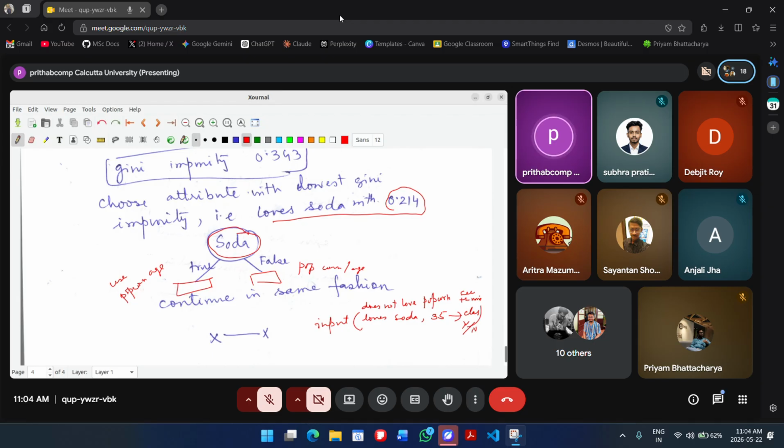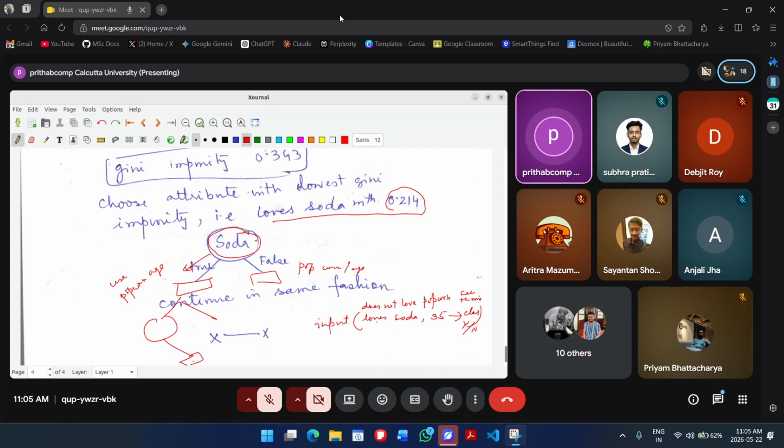Okay, so for that you simply follow this decision tree. If you love soda, go to this side, and then from there whatever branching will be there, simply follow that, and ultimately you will end up in a class.